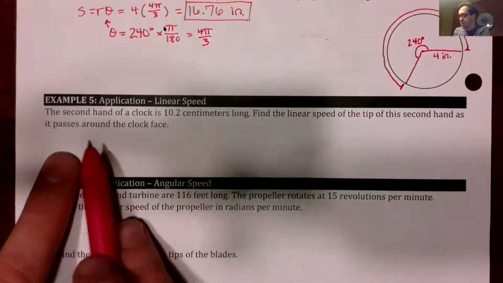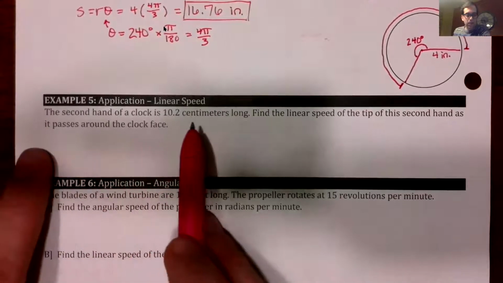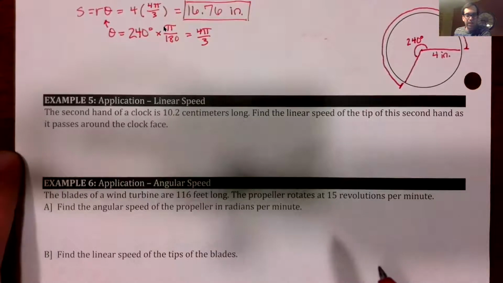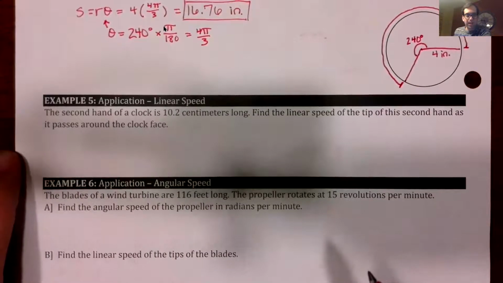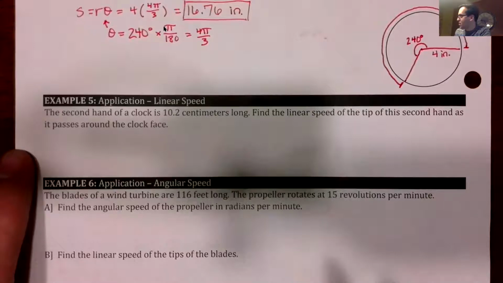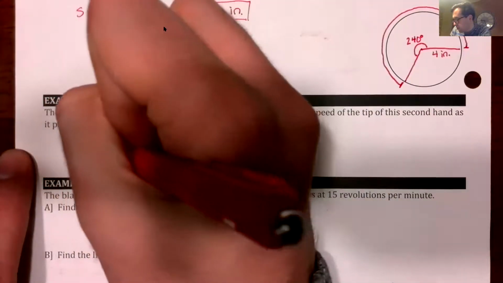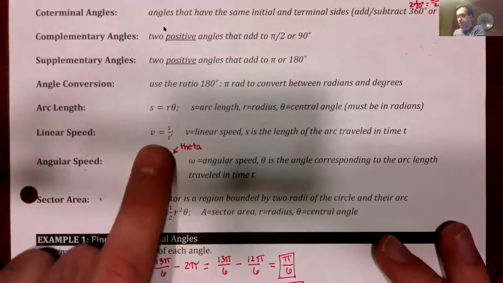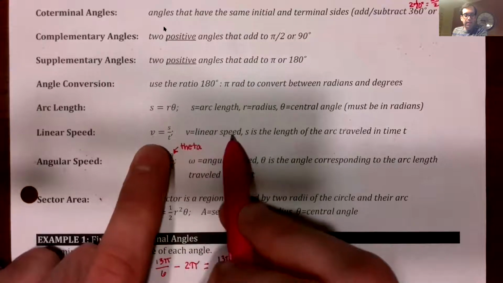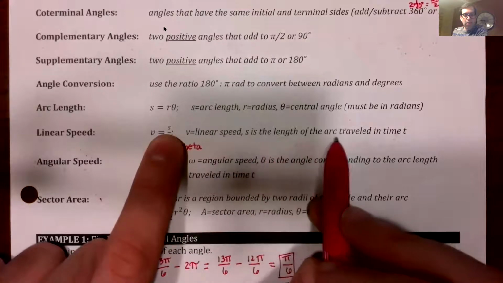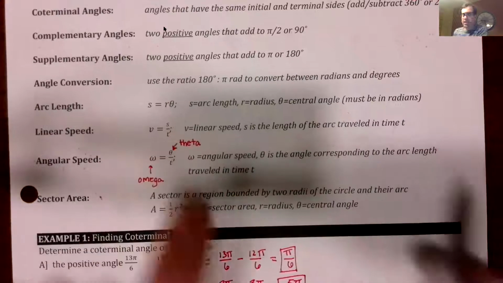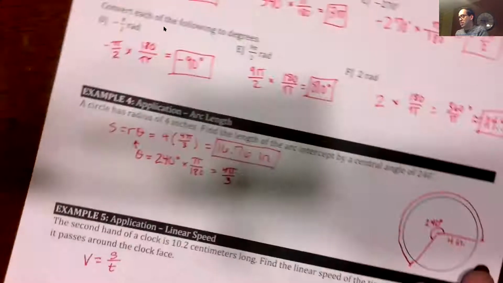But let's take a look at this. So the second hand of a clock is 10.2 centimeters long. Find the linear speed of the tip of this second hand as it passes around the clock face. All right, so the formula for linear speed from the front of the notes is V equals S over T. And if we take a look at what those variables mean, V is linear speed, S is the length of the arc traveled in time T. All right, so let's think about that.